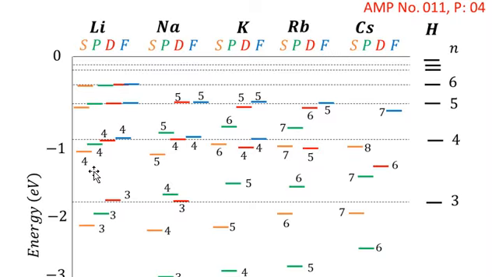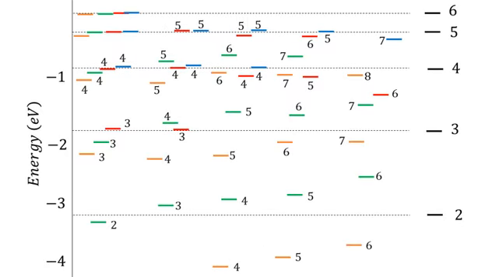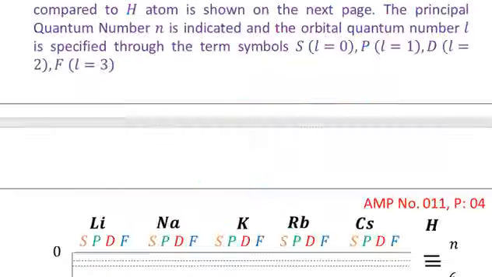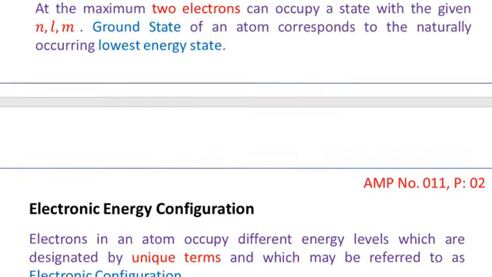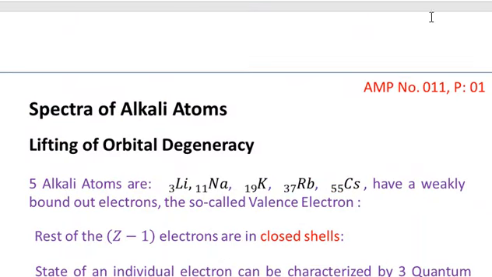So it means that the energy of the alkali metal atoms not only depends upon the principal quantum number n, but also depends upon the orbital quantum number. So that's why we shall say that the orbital degeneracy is lifted. In the main topic I have included the lifting of orbital degeneracy.